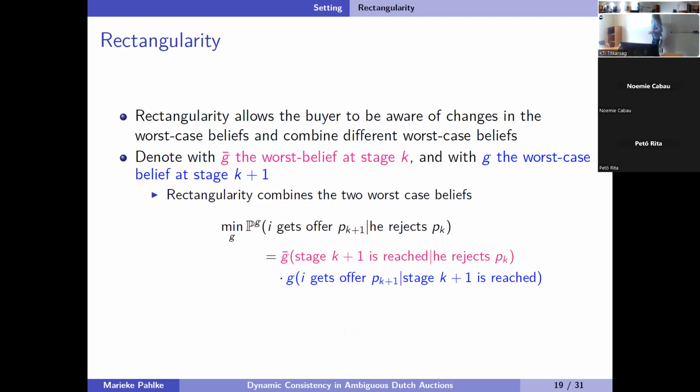So we are combining the probability that we reach the next stage, evaluated with the worst case for period k, times the probability, if we reach the next stage, that I get the next one, but this is evaluated with the worst case of k plus 1. So I'm combining these two worst cases and putting them together.